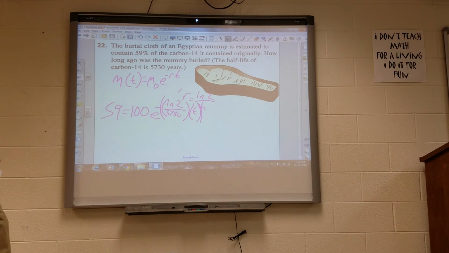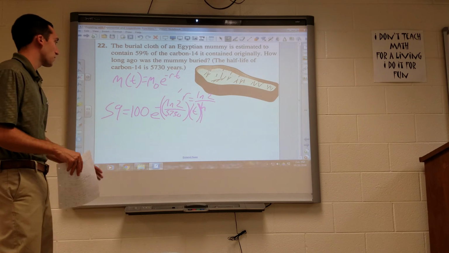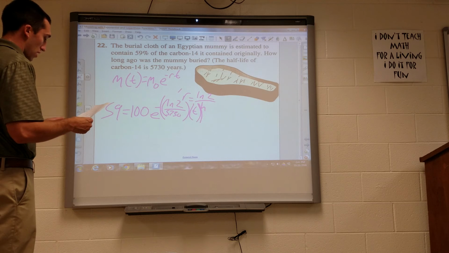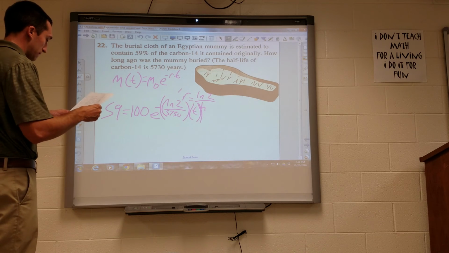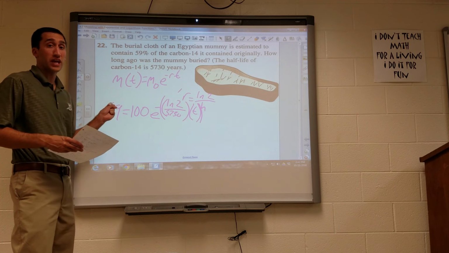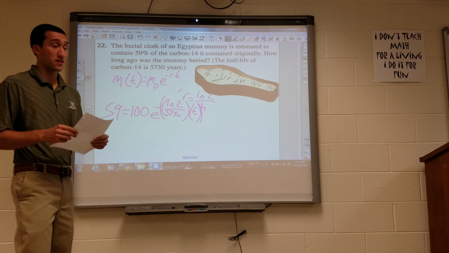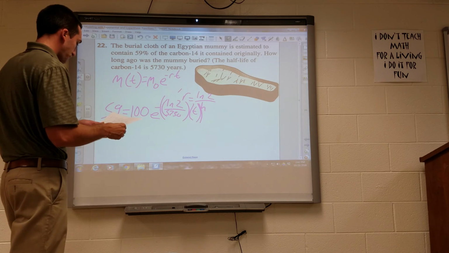And they want to know how long ago, so we're going to figure out how much time has passed to get me to that amount of carbon-14. And they actually use this type of radioactive decay to age things like this in the pyramids and other artifacts that they find. They use this type of math.